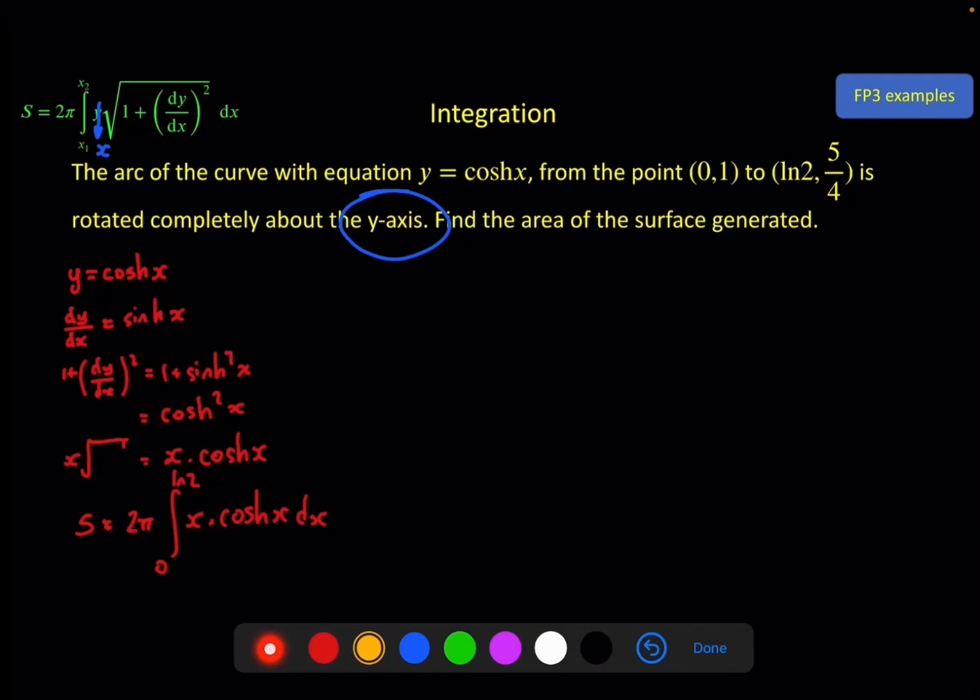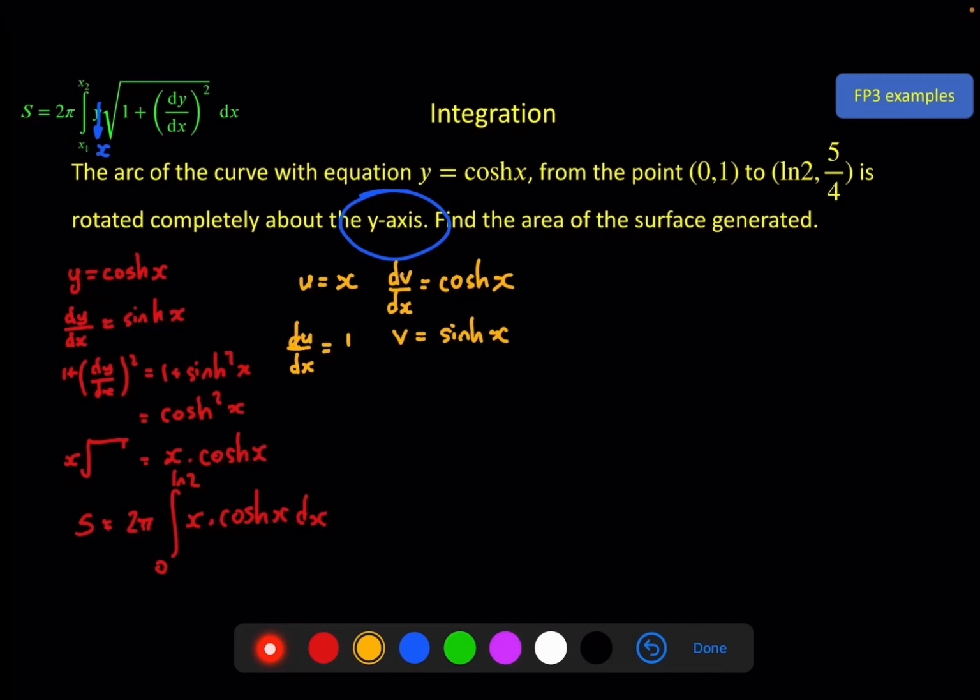Now I'm going to do this nice and formal on the screen, so I'm going to label u, and I'm going to make that my x, and for the formula I also need dv/dx, which will be the other part of the product, cosh x. So du/dx, differentiate x as 1, and v, integrate cosh, is sinh.